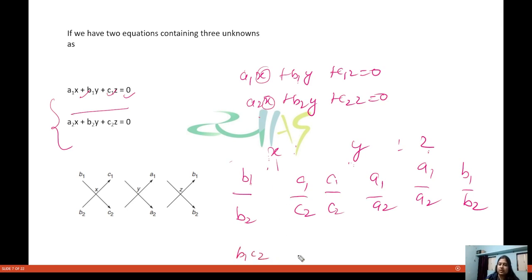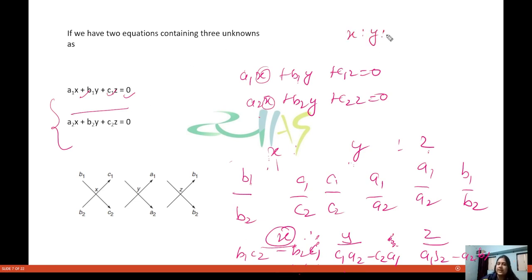b1 c2 minus b2 c1 will give your ratio number for x. For y, c1 a2 minus c2 a1 will give your ratio number for y. And for z, a1 b2 minus a2 b1 will give your ratio number for z. In this way you can find the ratio at least: x is to y is to z equals b1 c2 minus b2 c1, c1 a2 minus c2 a1, and a1 b2 minus a2 b1.